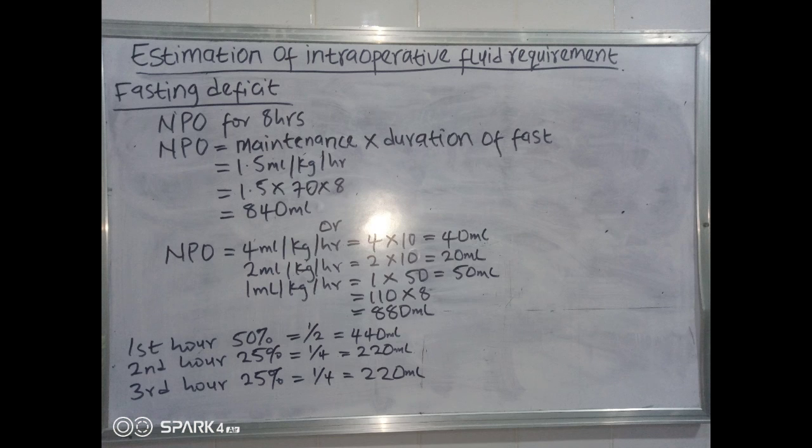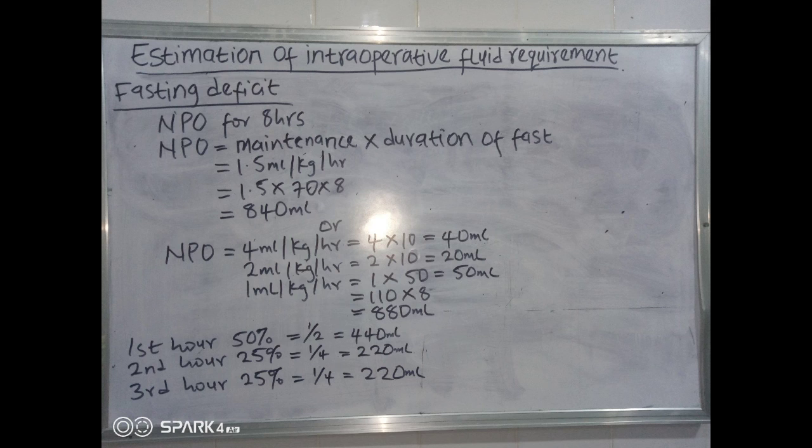For the fasting deficit, let's take it that this patient has been nil per os for 8 hours, and the formula for fasting deficit, like we have already established before, is maintenance times duration of fast. Using the 1.5 ml per kg per hour formula, we have 1.5 multiplied by 70 and multiplied by 8, which is 840 ml.